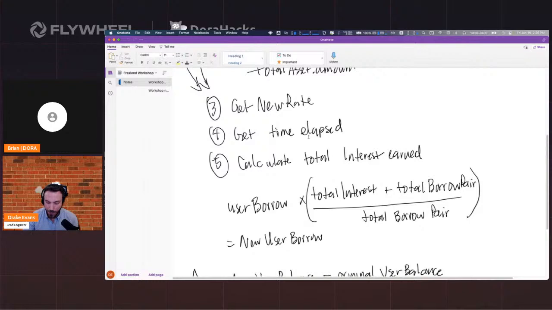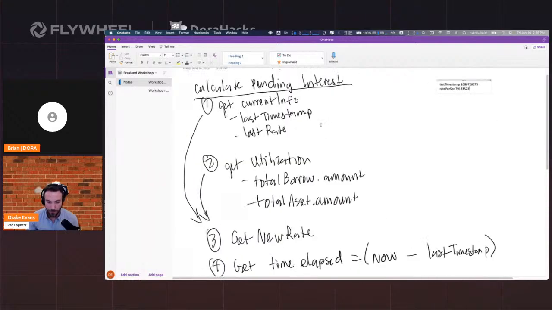The time elapsed is equal to basically now minus last timestamp from above. And basically, we take the data from this last timestamp, and that's down here.